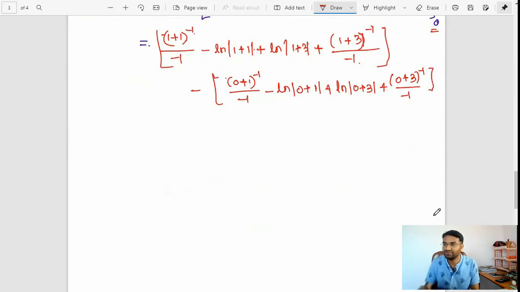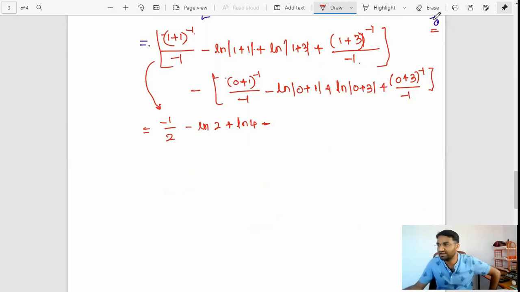Okay, now when you solve this whole thing, you will get negative 1 by 2 for this one. Okay, I'm solving this part. Then negative ln of 2, plus ln of 4, plus actually here negative 1 by 4. Okay, when you solve this part, getting it? Along with that, just multiply this negative sign.